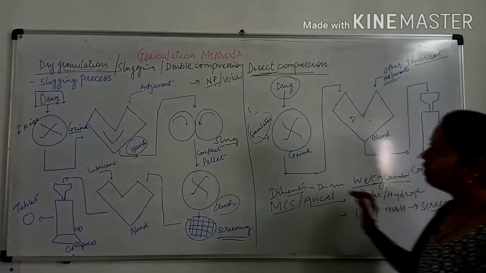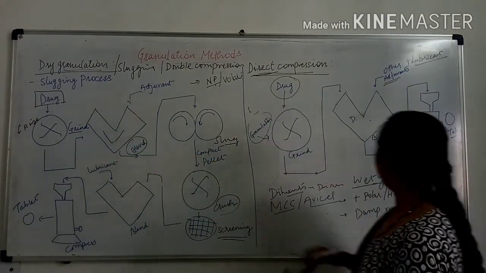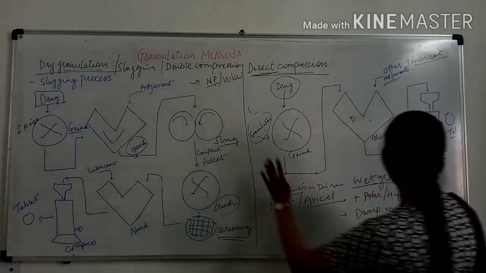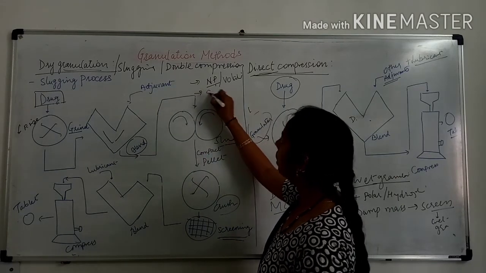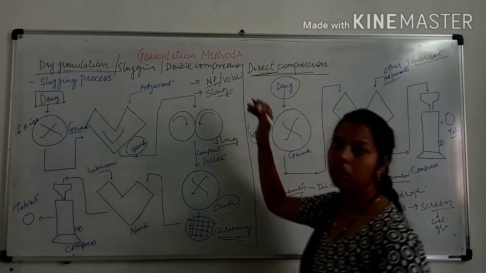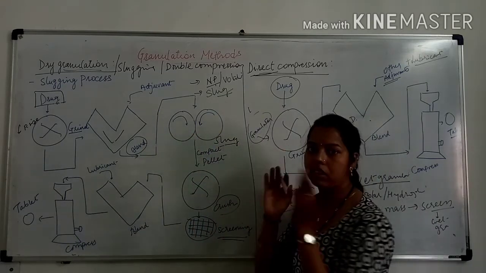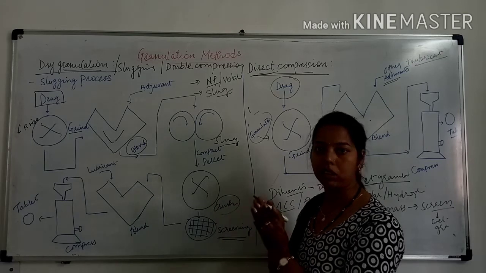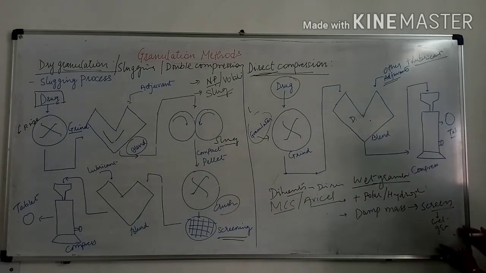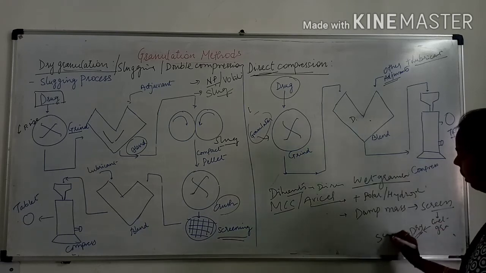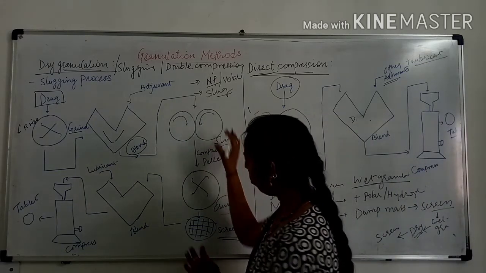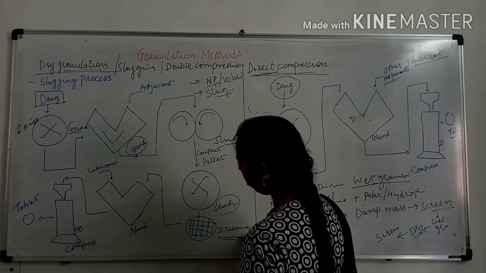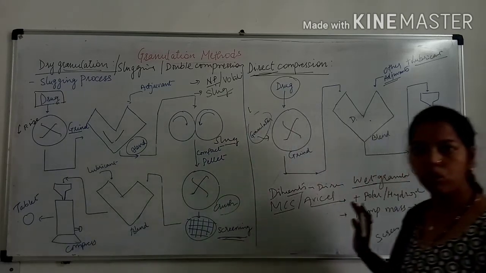After that we go for compression. In dry granulation we do not prepare a damp mass, but we go for slug formation. We compress the dried content into a complete slug or compact mass. In wet granulation we dry the wet granules through dryers, and then screen or size these dried granules. But in dry granulation we break the slug, refine and screen it, and then proceed further.